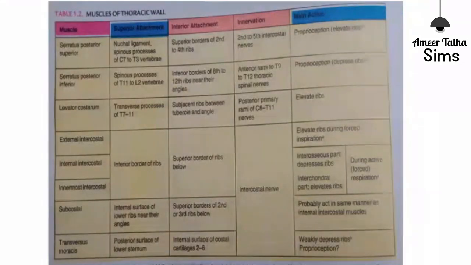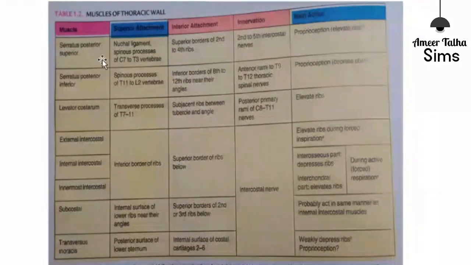And there are the thoracic wall muscles proper, which include serratus posterior muscle having its two parts, serratus posterior superior and serratus posterior inferior. Next we have levator costarum. Next we have intercostal muscles: external intercostal, internal intercostal, innermost intercostal, and we have subcostal muscles and transversus thoracis muscles.